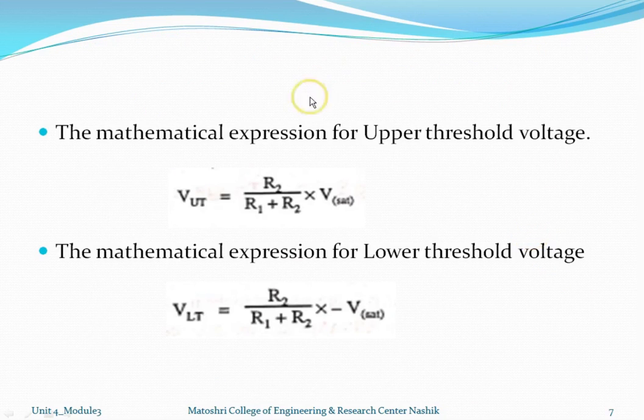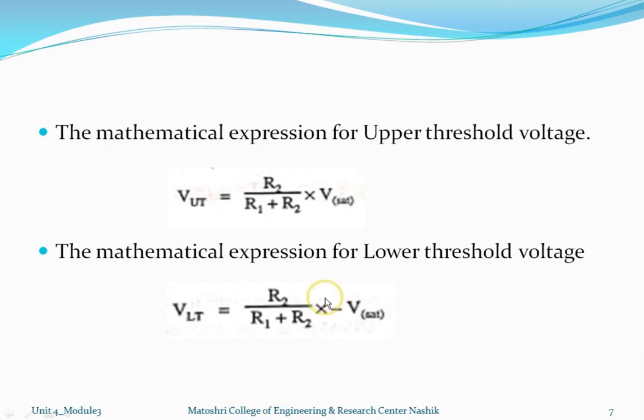The mathematical expression for the upper threshold voltage is VUT equals R2 divided by R1 plus R2 multiplied by Vsat. The Vsat is nothing but the output, meaning our upper threshold voltage depends on the output. If the output is positive Vsat, then the reference voltage for the Schmitt trigger is VUT.